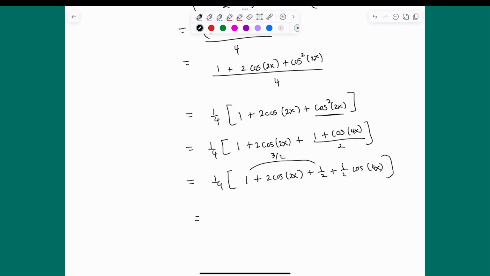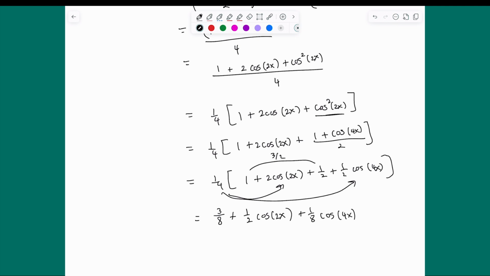So we would have 1/4 times that 3/2, which would give us 3/8. And then 1/4 times this term here, which would give us 1/2 cosine of 2x. And then 1/4 times that term there to give us 1/8 cosine of 4x. And that's it. That's our example simplified.